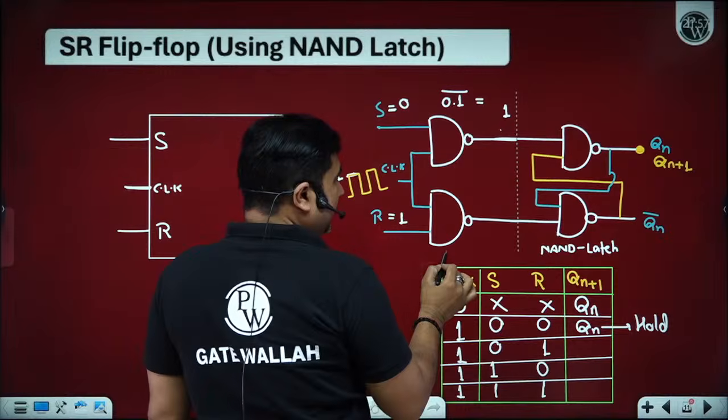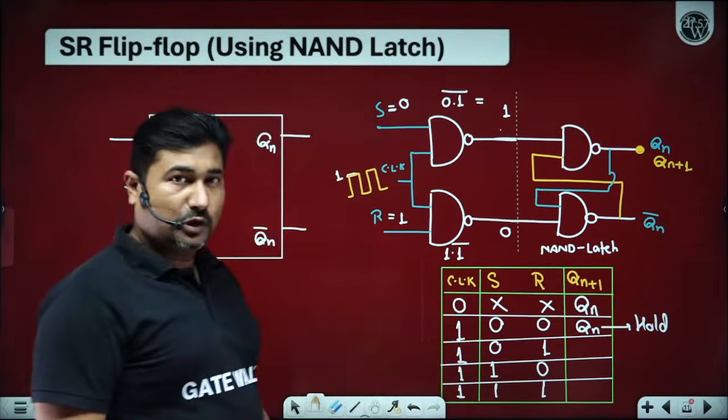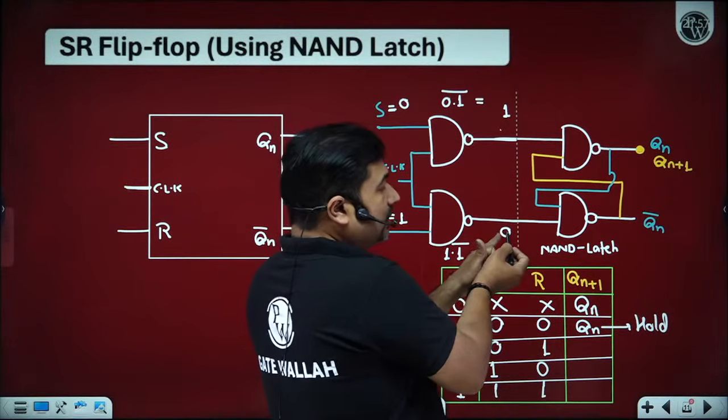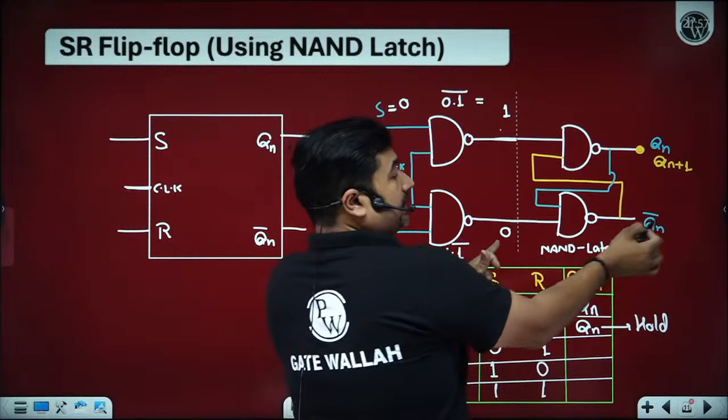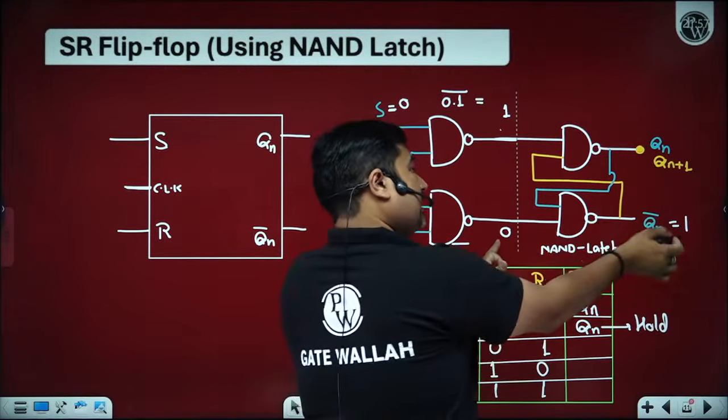And here we are getting 1 into 1, its complement will become 0. So onto the NAND latch, we are getting 1, 0. If this is 0, then 0 multiplied by anything is 0. Output is logic level 1. So Qn bar stabilizes to 1.